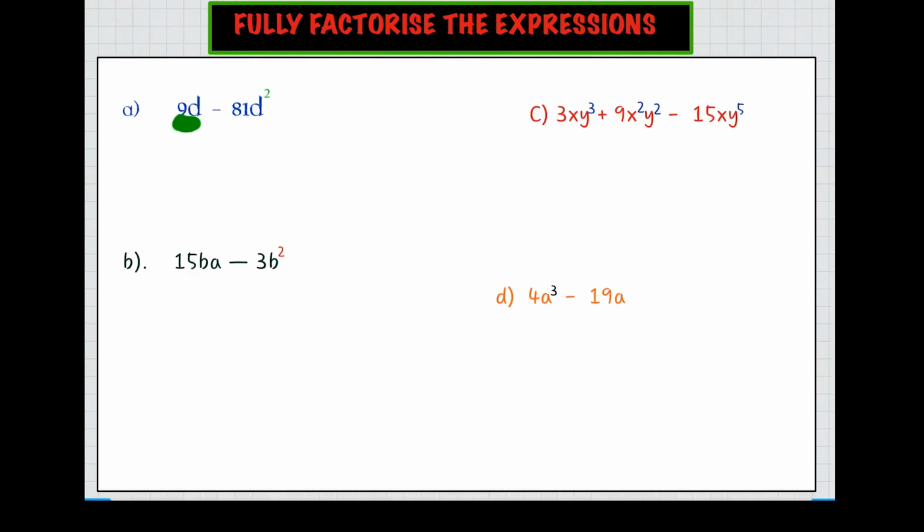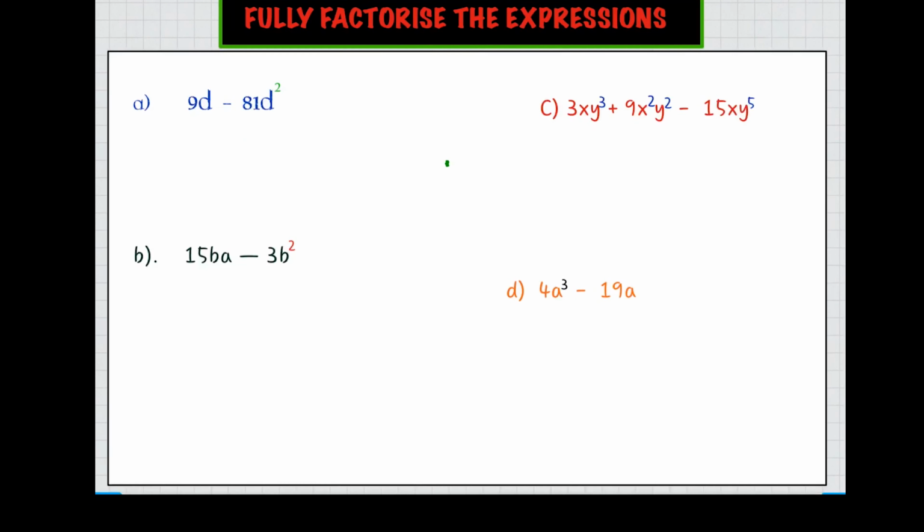9d is the highest common factor of both these two terms. So 9d, if we take it out, gives us 1 minus 9d.